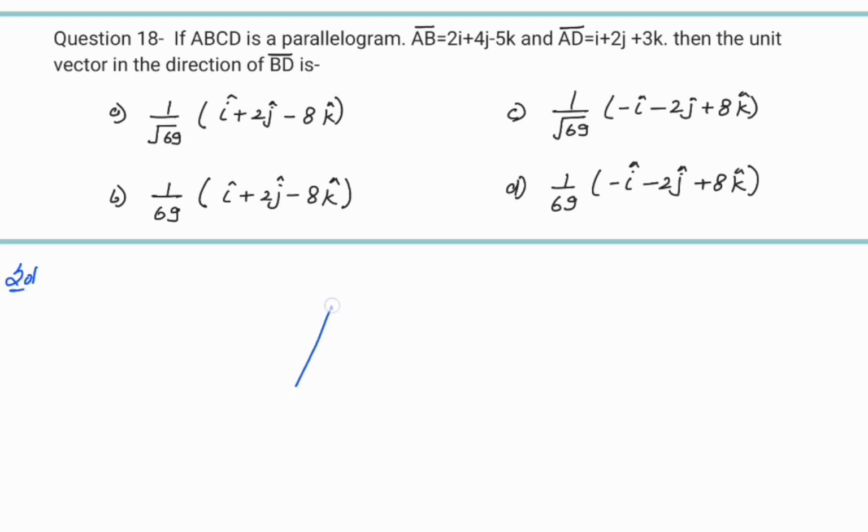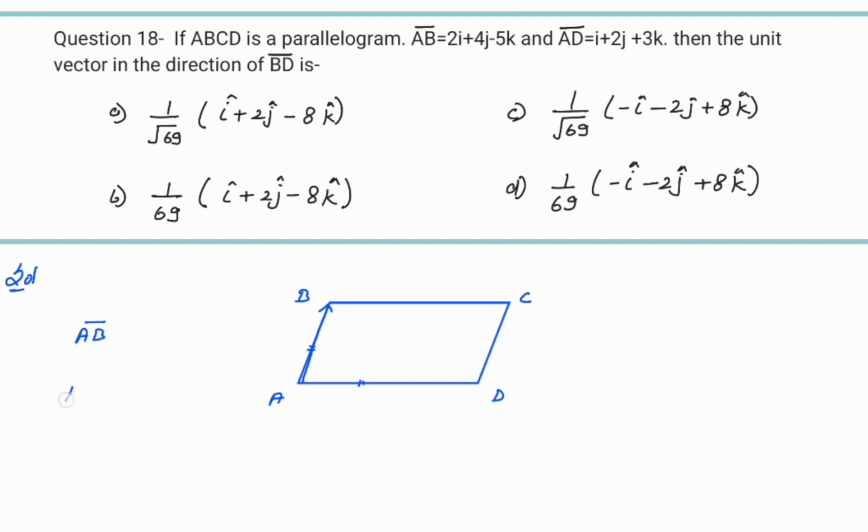Just draw one parallelogram. Okay, this is the given parallelogram. Let us consider this is A, this is B, this is C and this is D. Here AB and AD are given. Vector AB means A is the initial point and B is the final point.